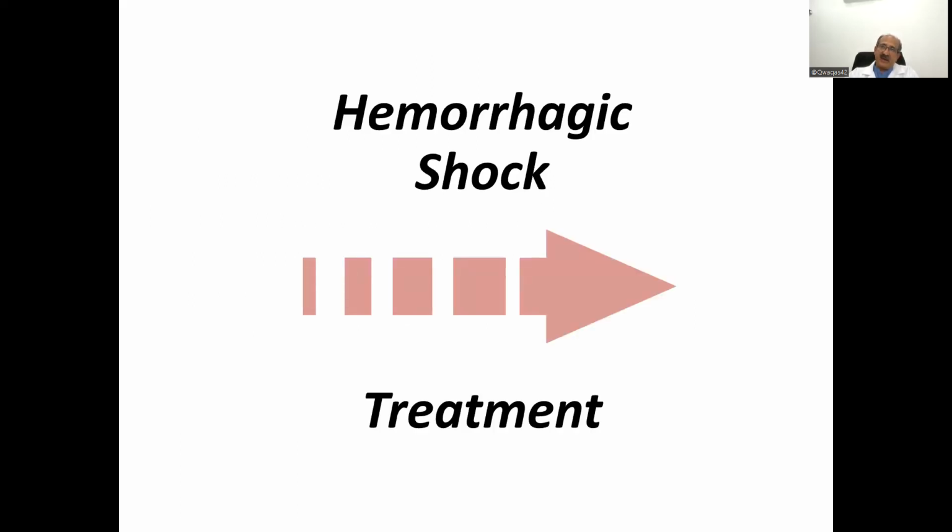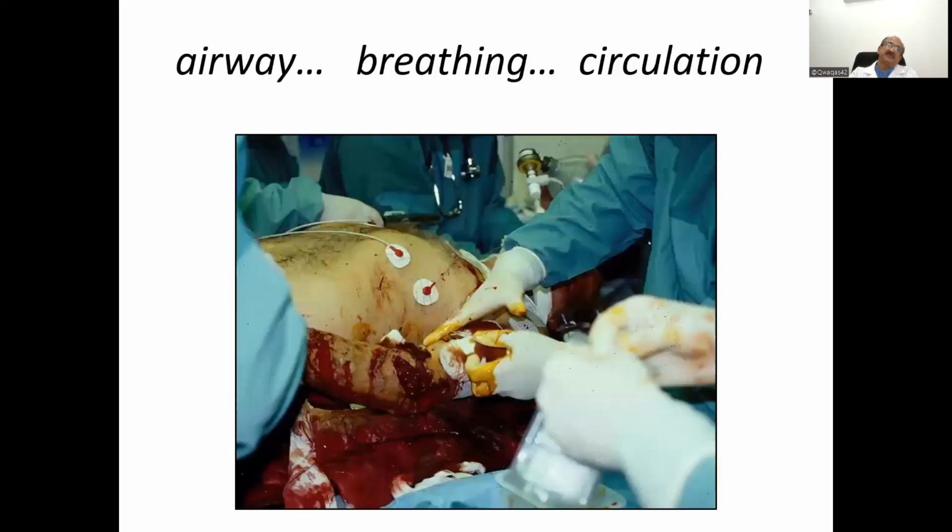Finally, after the diagnosis, we have to go towards the treatment. How should we treat? Airway, breathing, and circulation, the basic thing. To start with, when you are maintaining airway, don't forget the pneumothorax, because the patient might not have lost so much blood or have massive hemorrhage, but he is having hypotension.